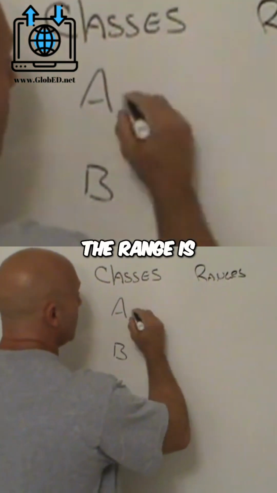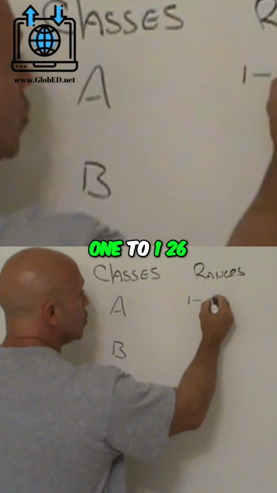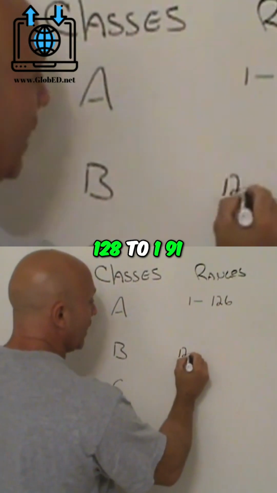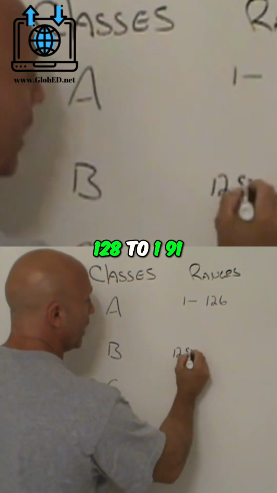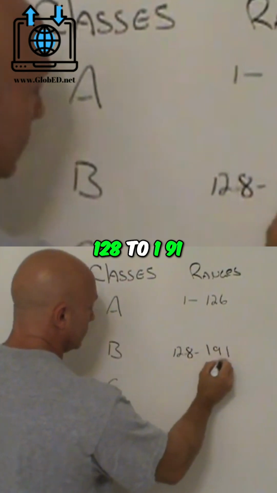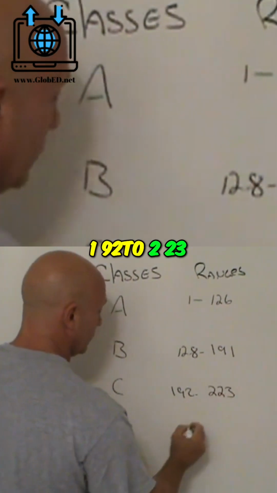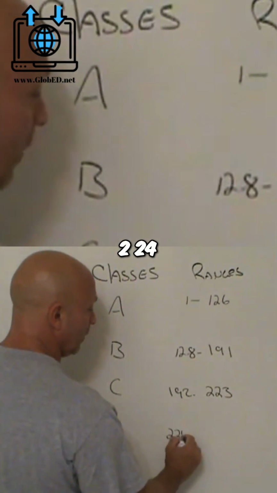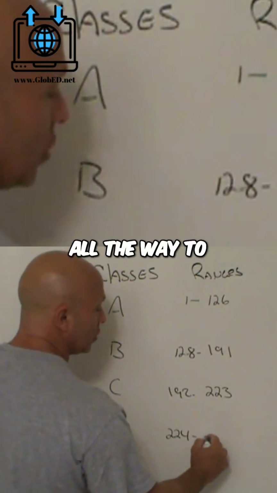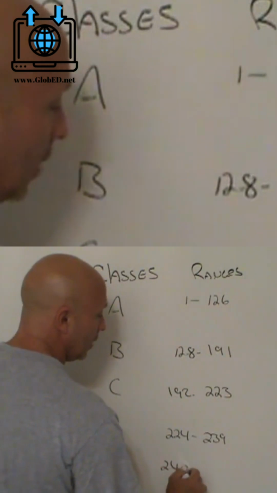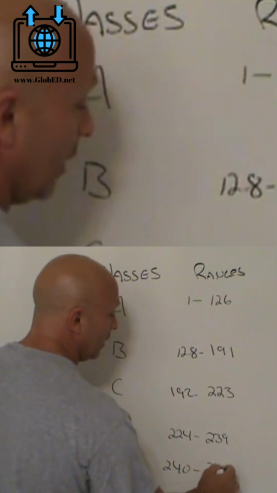The ranges are 1 to 126, 128 to 191, 192 to 223, 224 all the way to 239, and 240 to 255.